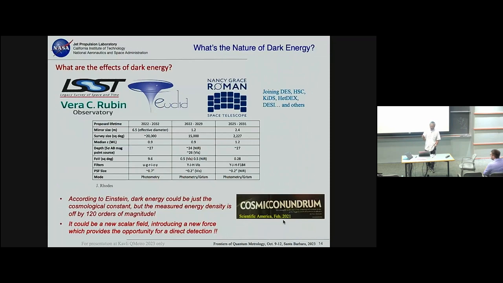But all those missions merely tell you the history and the behavior you can observe, but never really tell you what the nature of dark energy is, whether it's just Einstein's cosmological constant, or a new field, or modified gravity. It's difficult to answer that question.